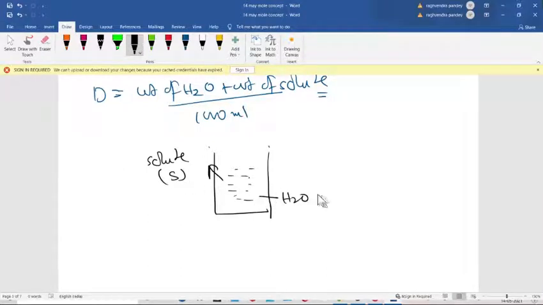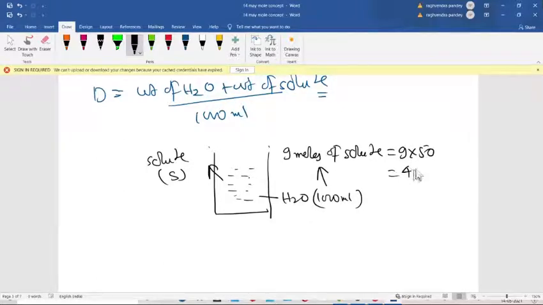Water is 1000 ml. So in this 1000 ml, we have 9 moles of solute. 9 moles of solute means 9 into 50 grams, so it will be 450 gram of solute.